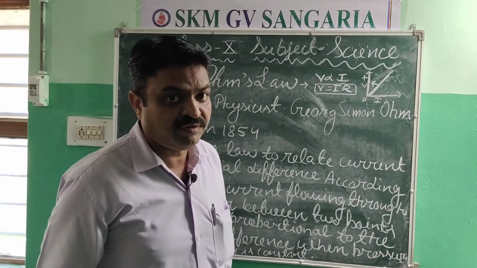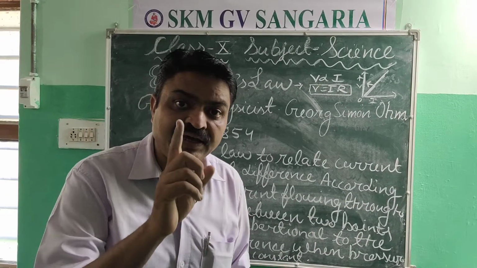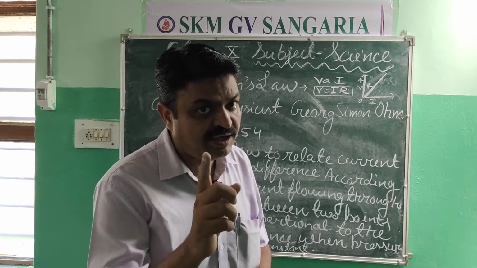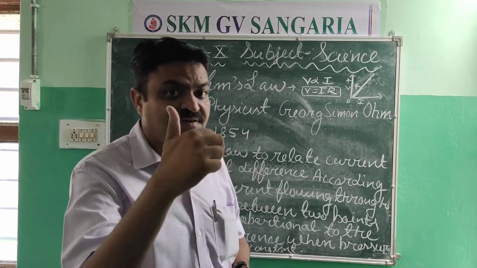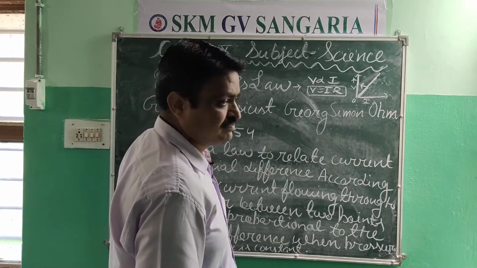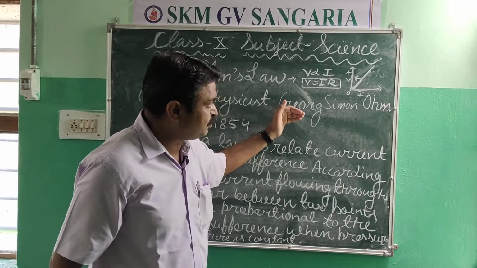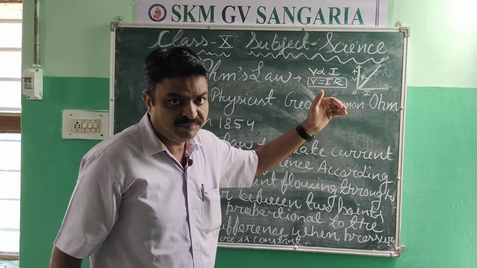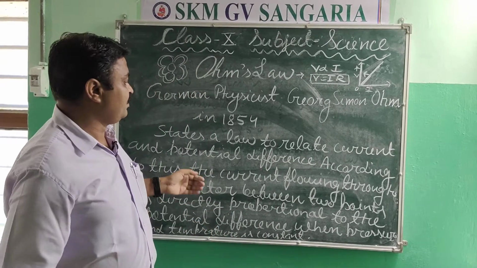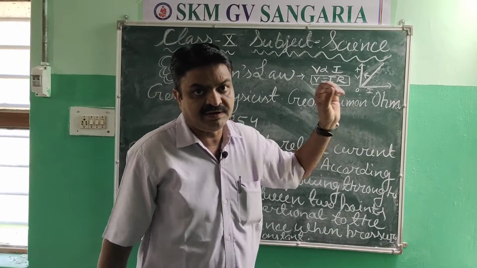In 1854, with the help of different experiments, he gave one important law. By the name of that scientist, that law is known as Ohm's law. Georg Simon Ohm found the relation between electric potential and electric current.